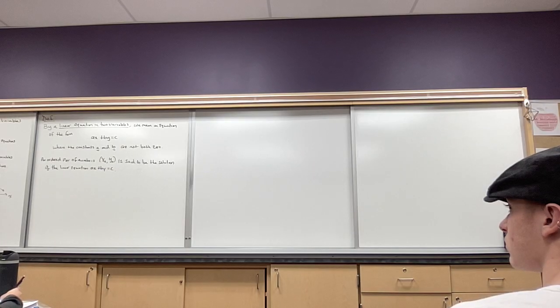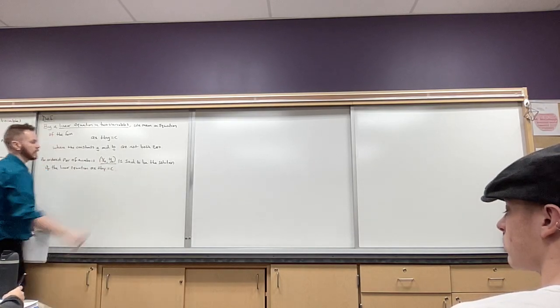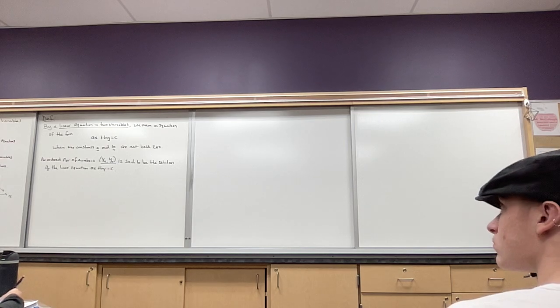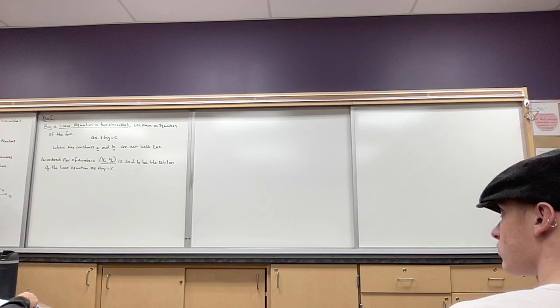As we're solving these systems, you need to make sure that your answer is written as such. Okay, you don't want to say x equals this, y equals that. You do want to write it as an ordered pair, because at the end, when you graph these, you're finding that intersection point.